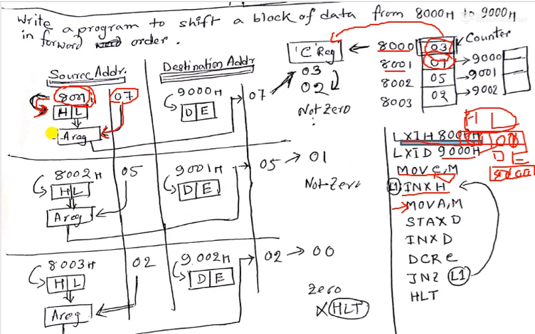Okay, so right now the content of the accumulator is 07. Okay, now STAX D, that is store the accumulator content to this register pair.